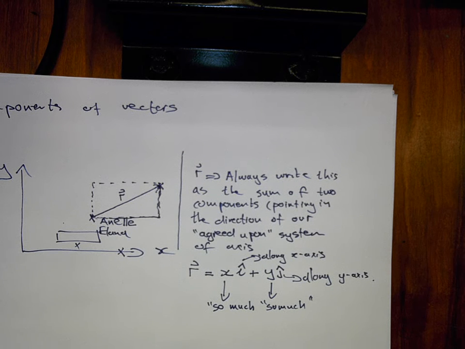And as of now, it's still a bit hazy how we're going to work with this, but that's what I'm going to show you now, that if we stick to this notation, things actually become rather easy. So just for now, if you can remember that what I've written down there is you go so far along the x-axis, and then you go so far along the y-axis, we're fine. Okay, is everybody okay with that notation? Okay, great.